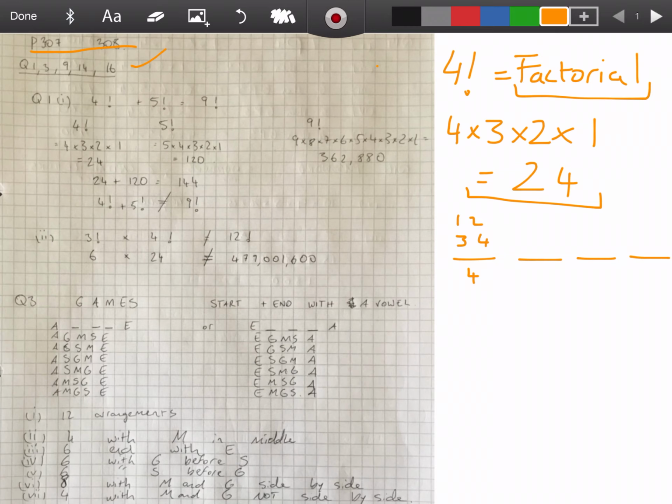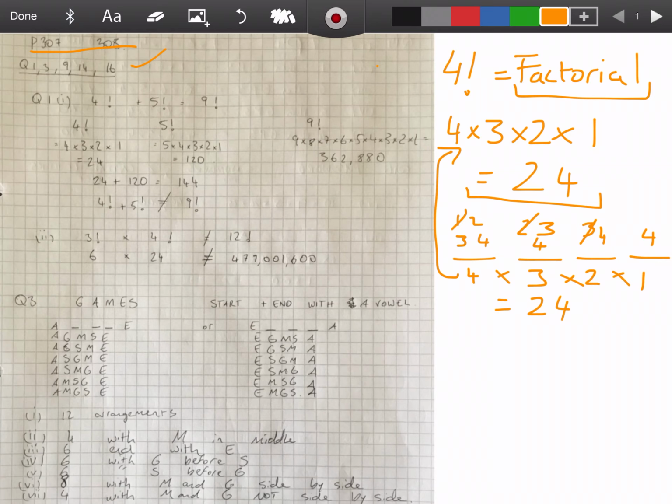So if I use 1, for example, then I can't use that in my second digit, which means I've only got 2, 3 or 4 left, so there's 3 options left. Then if I use 2, there's only 2 options left, 3 and 4. And then if I use 3, there's only 1 option left. So that becomes the 4 by 3 by 2 by 1, and it gives me all of the possibilities in that instance. That's what the idea of a factorial means. So there's 24 possible ways that I could write that 4-digit number using 1, 2, 3 and 4.